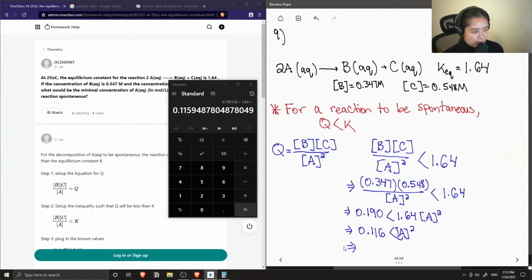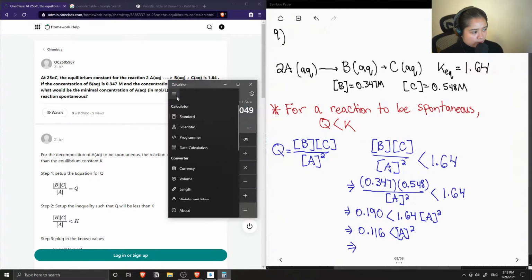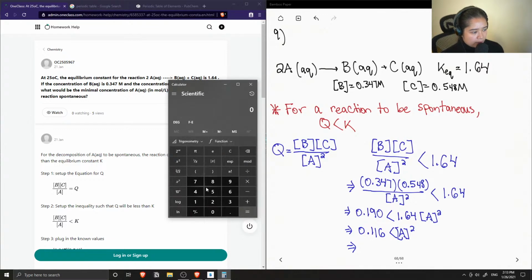And now we just need to take the square root of this value. So switch to scientific mode. Where's the square root function? Oh. So 0.116, square root of that, right? Let me do this on Google.